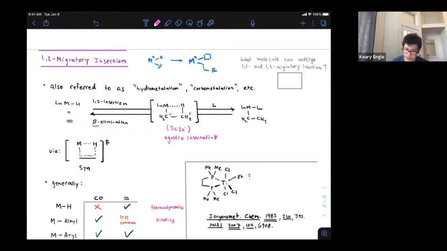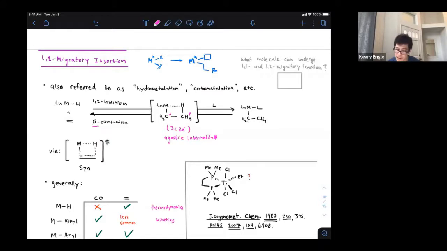So if we go left to right, we get 1,2 migratory insertion. We make this agostic intermediate, and then we get CC bond rotation and occupation of the open coordination site with the ancillary ligand. And this process is reversible and often can happen fast and multiple times.